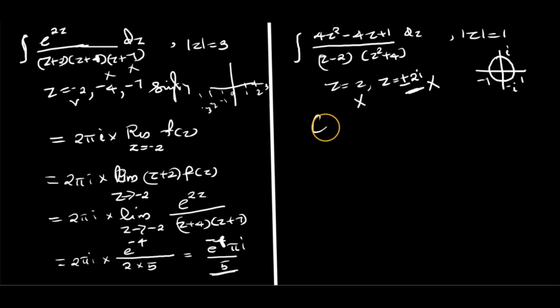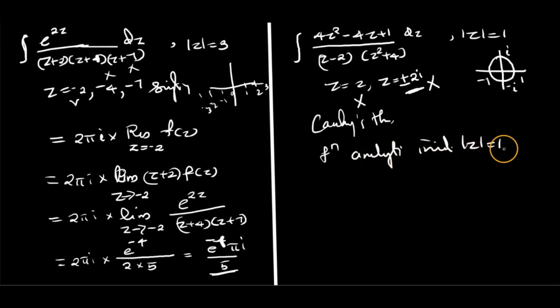So by Cauchy's theorem, the given function is analytic inside mod z equal to 1. Hence, the integral of f of z dz is equal to 0.